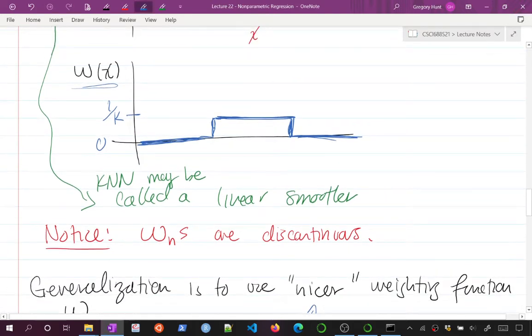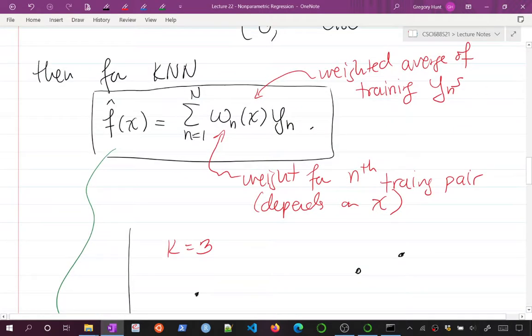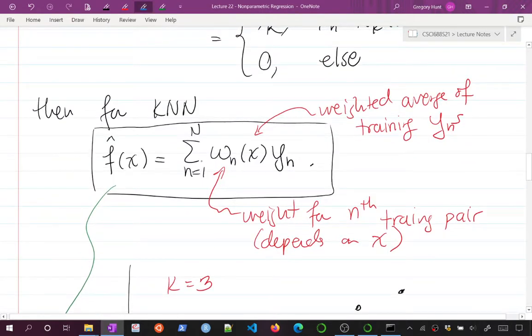But all we need to do is have our weighting function say it's going to weight things that are close together. So ultimately our linear smoother here is a weighted average of the training y's, where it puts heavier weight on the y's associated with x's that are close, and less weight on y's associated with x's that are far away.